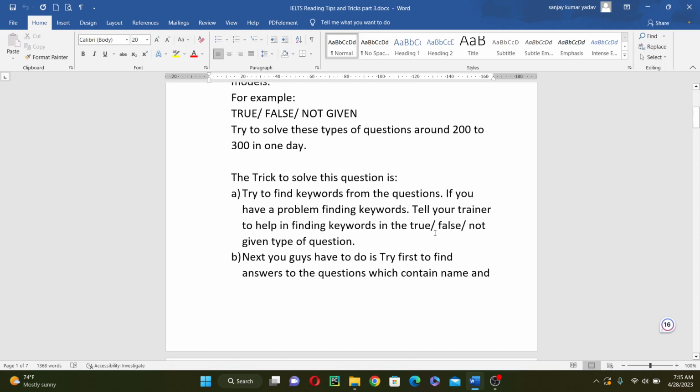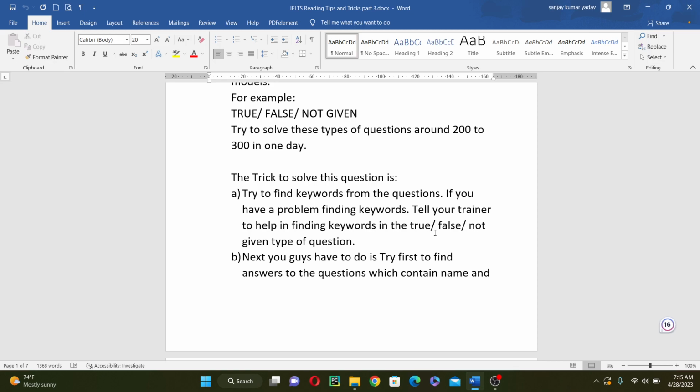Similarly, the trick to solve the true false not given question is finding the keywords. Keywords play a really important role in solving true false not given. If you know the keywords, you just have to locate the answer to that keyword in your passage.